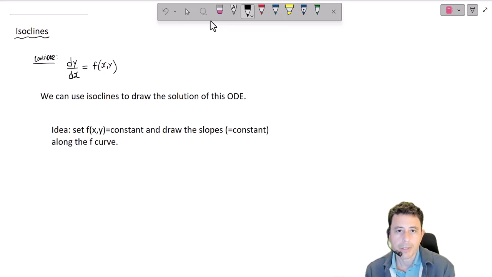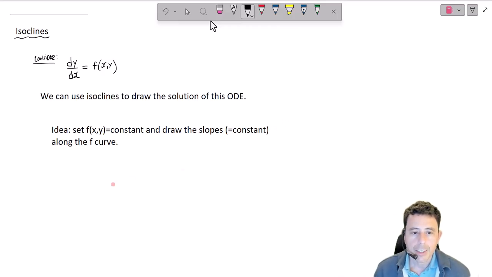So you have a constant equal to an expression, and then we can solve for x and y. We can plug in some numbers and see what the solution is. And in any of those solutions, we know what the slope is, because the slope is a constant.